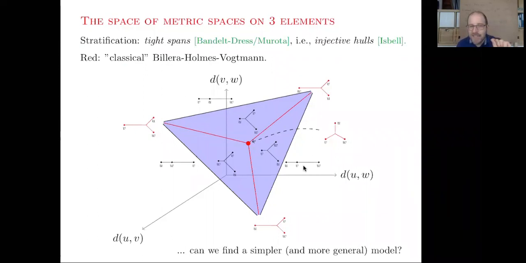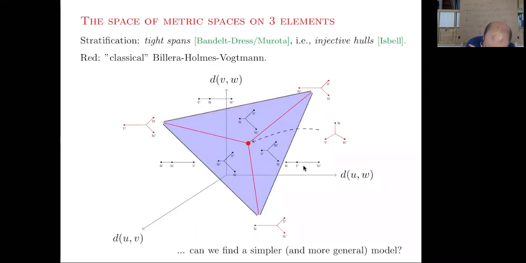Now, if I fix a special metric tree, then of course every metric space corresponds to exactly one such tree. But I can say, all the graphs that look combinatorially like this, aligned with V, U, W, correspond to a face of this cone, right?